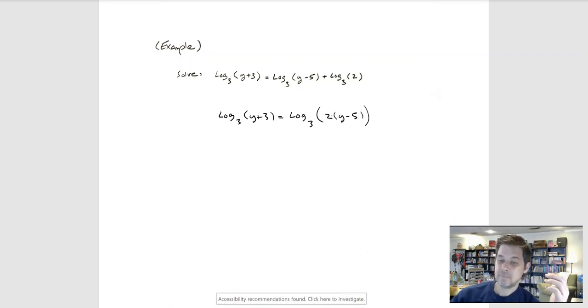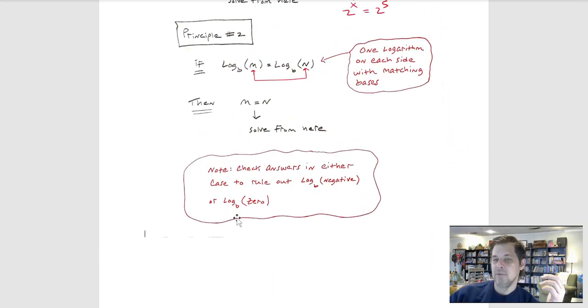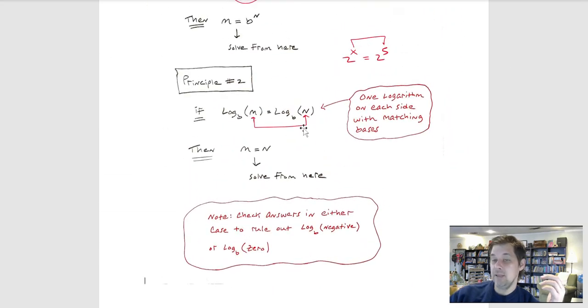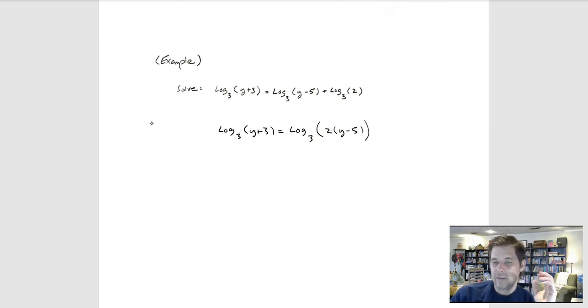Now, what did that principle say to do? We can say that these insides are equal. Everything else matches, so those inside parts have to match too. So think about it. I got log base 3, log base 3. It just must be that this thing right here has to be the same as that thing over there.